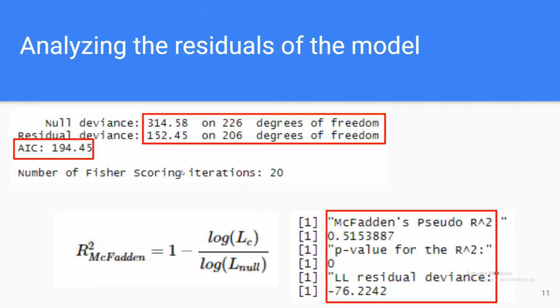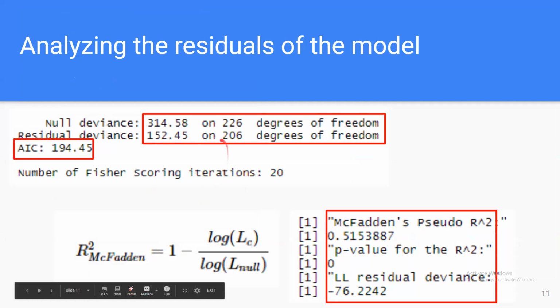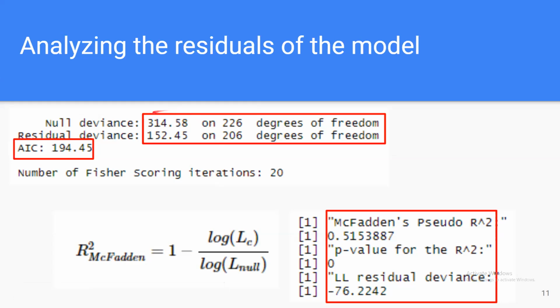And in the next slide, we see that the residual deviance is less than the degrees of freedom that we have here. And also the residual deviance is less than the null deviance, as we see here. That means that the model is better fitted with the variables chosen than having only one intercept.